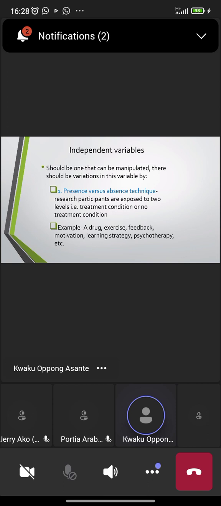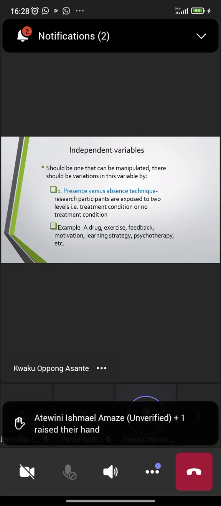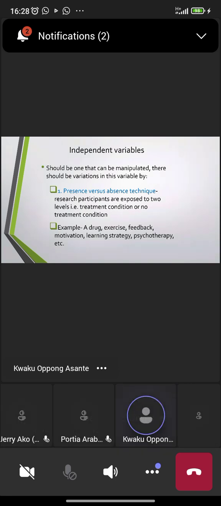Okay, so we have an exercise example. Maybe you want to find out how exercise influences weight loss, or does exercise have an effect on one's metabolism, for example. So we can have those who do exercise and those who do not do exercise, and then we compare them on their levels of metabolism.